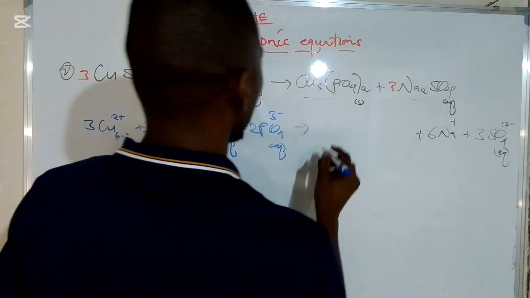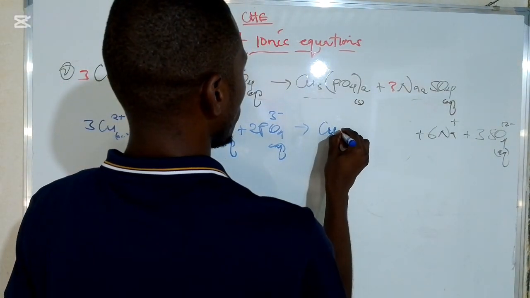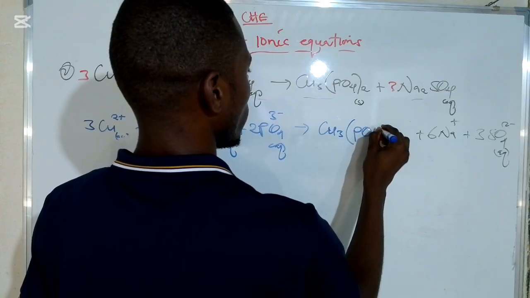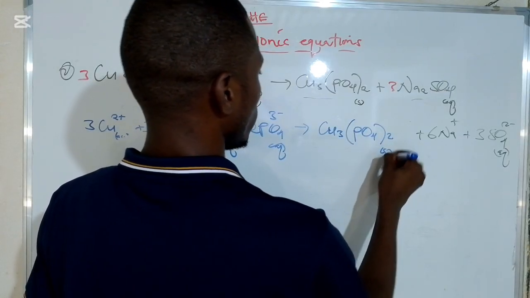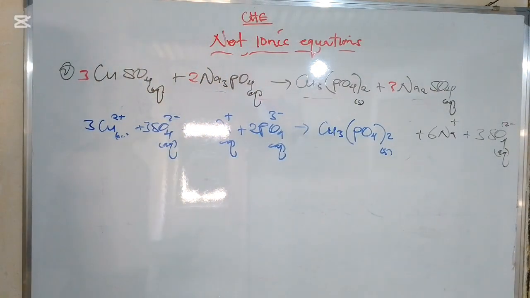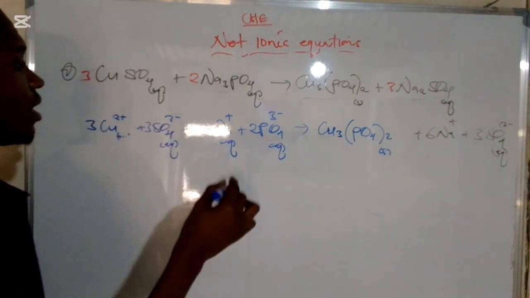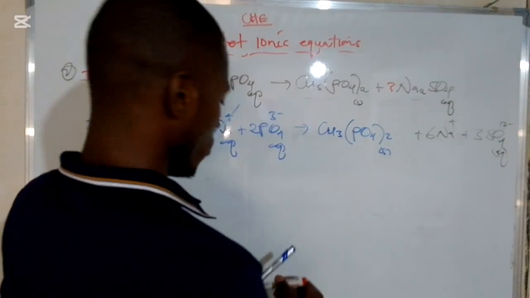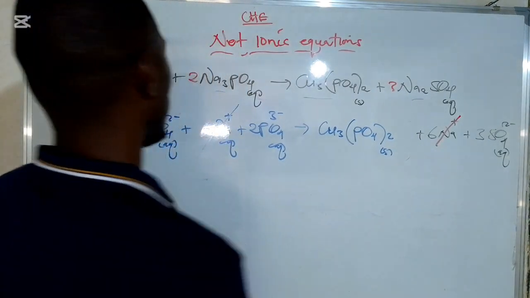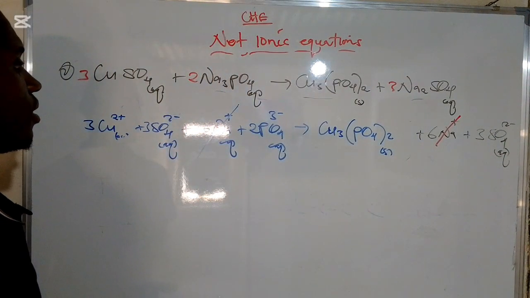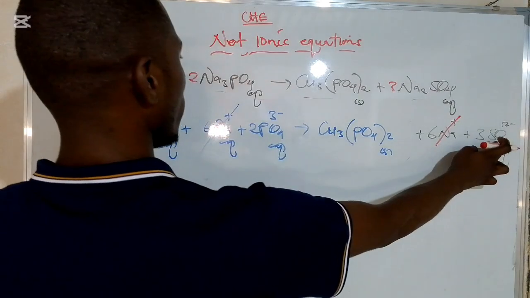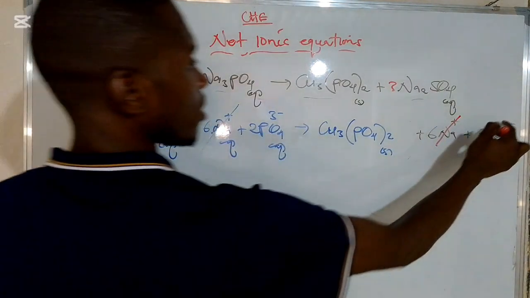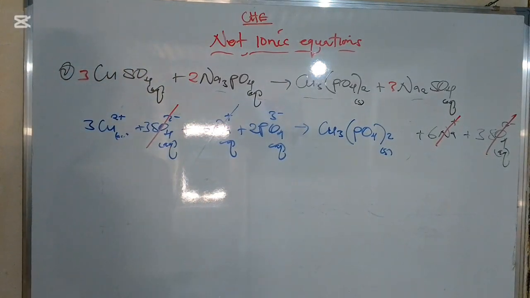So here it's supposed to be copper 3, then PO4 2 solid. We don't split what is in solid state. Remember that. So sodium is found here, we also see that we have sodium here. What else? We have sulfate here, we also have sulfate here. So these are out.